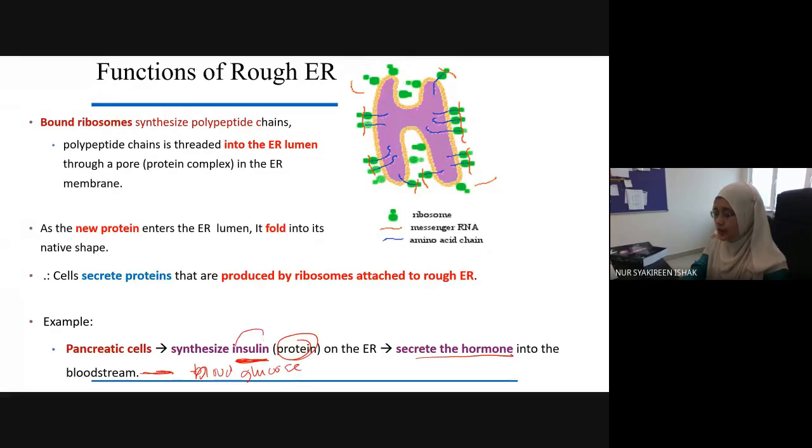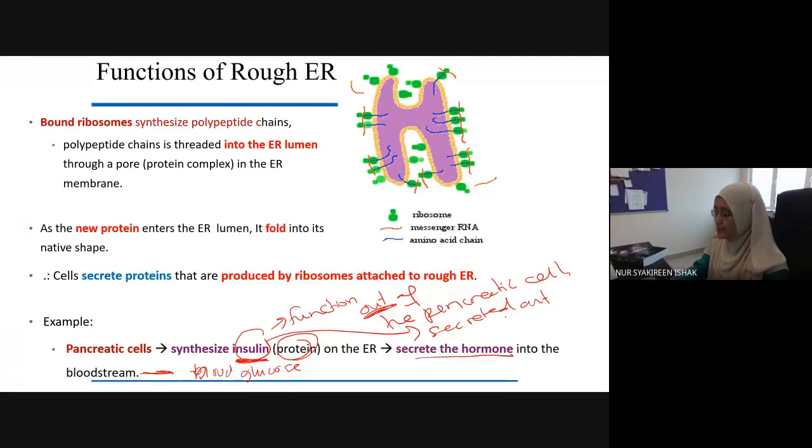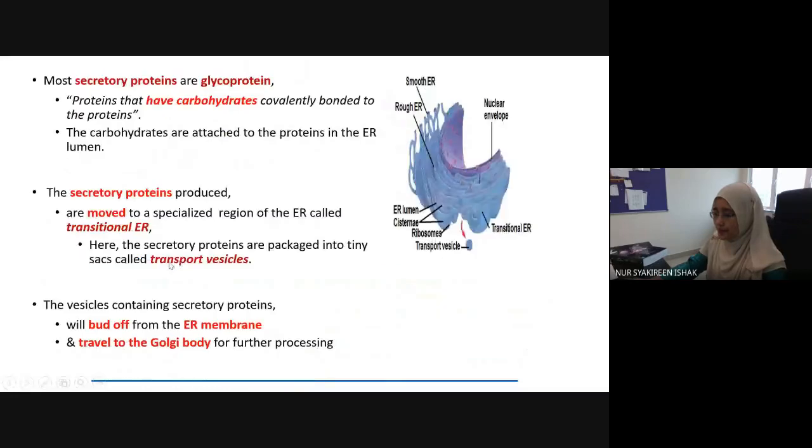So nampak so insulin it function out of the pancreatic cell, okay, function out because this protein will be secreted out, okay, from the pancreatic cell, secreted out, function out of the cell, okay, which is to regulate your blood glucose level in this example, okay.